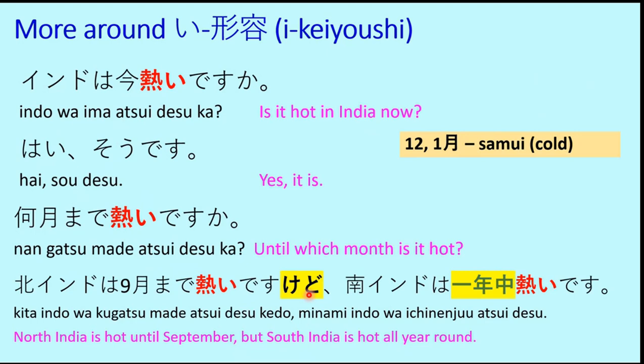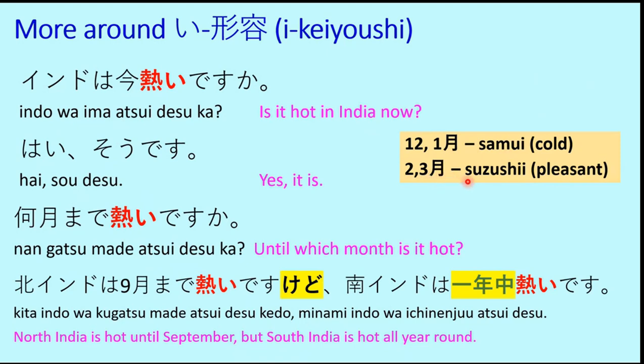So this is Ichigatsu, which is January, and this is Junigatsu, 12. So December and January are the months of cold, so this is expressed as samui. Since this relates to weather and climate, this is samui. So here tsumetai will not be used, but samui will be used. Similarly, February and March, Nigatsu, Sangatsu.